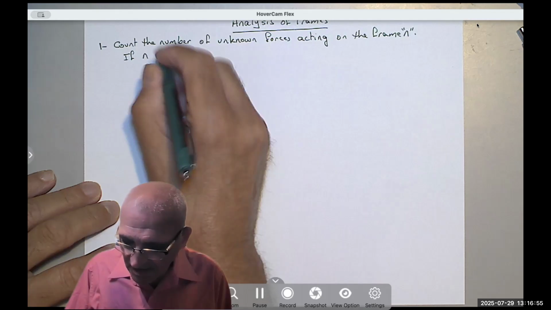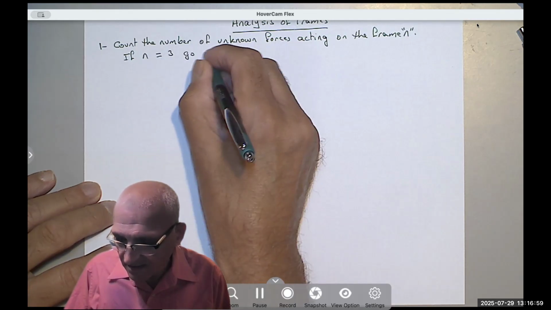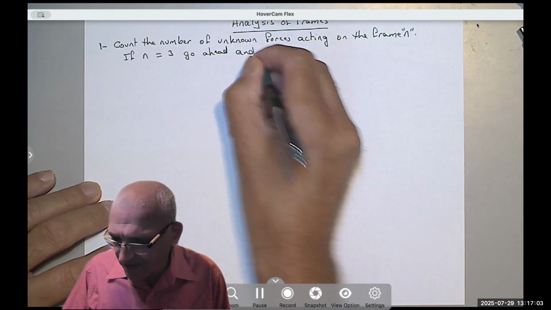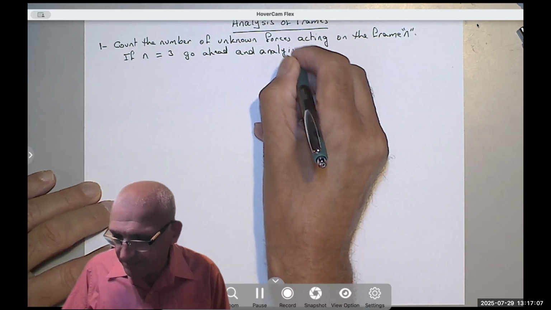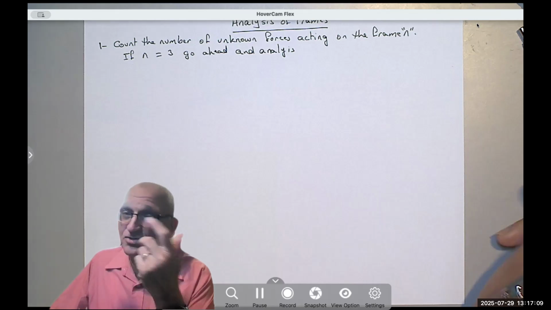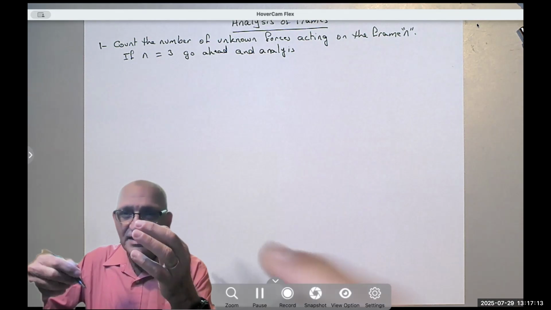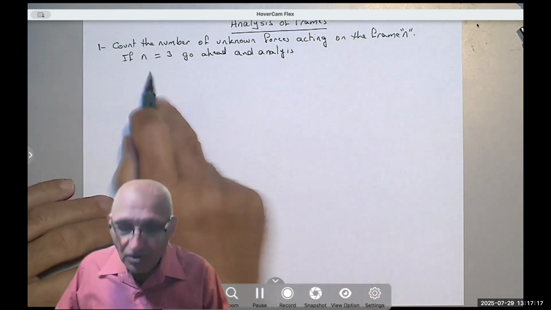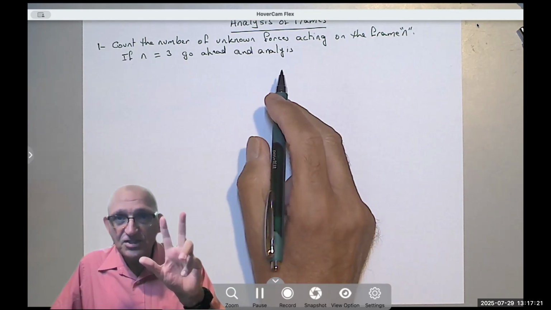If n equals 3, go ahead and analyze the member. What do you mean? Remember we said a member in a frame is usually not a two-force member, because it's not only connected at its two ends, but it may be loaded in the middle, or else it would have been a truss. So it's a rigid body, and I can write three equations of equilibrium.